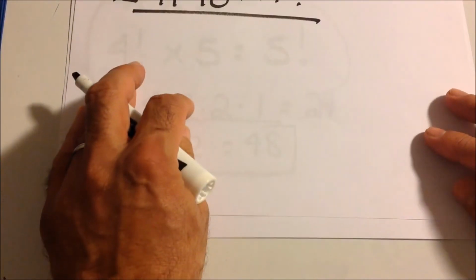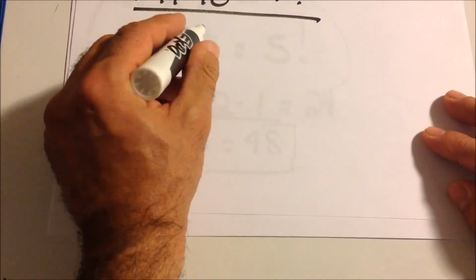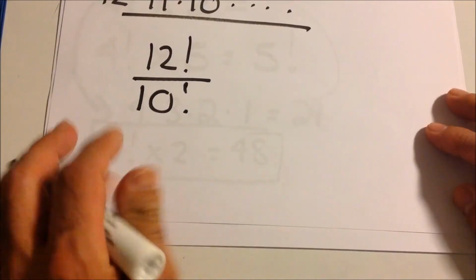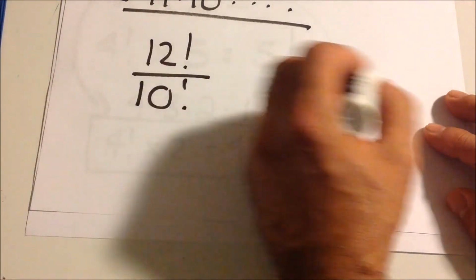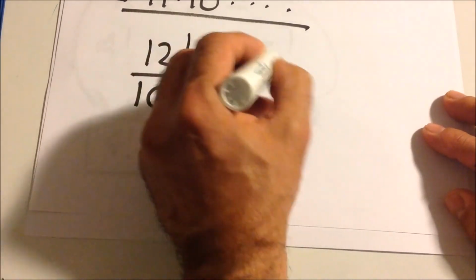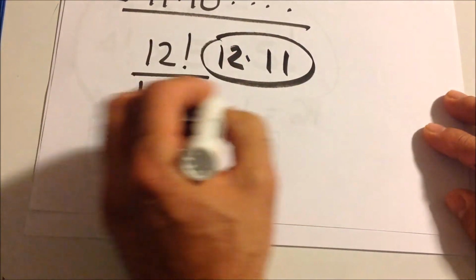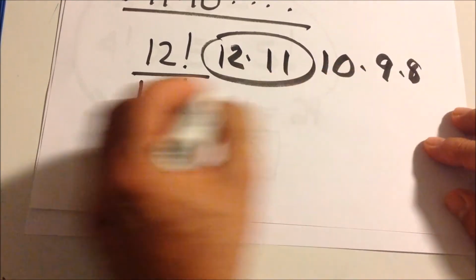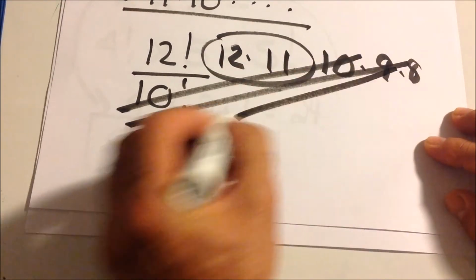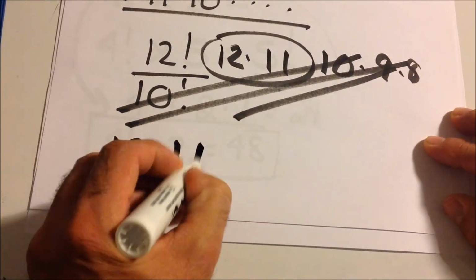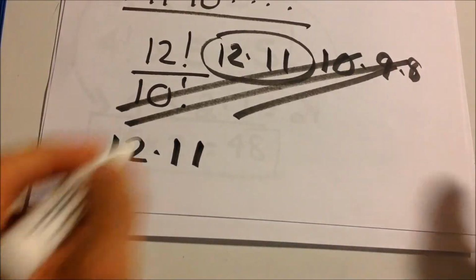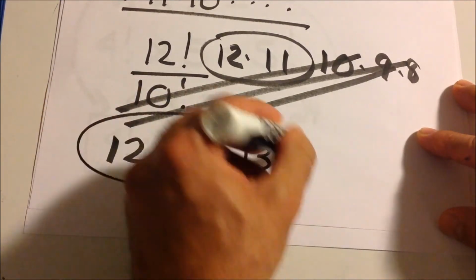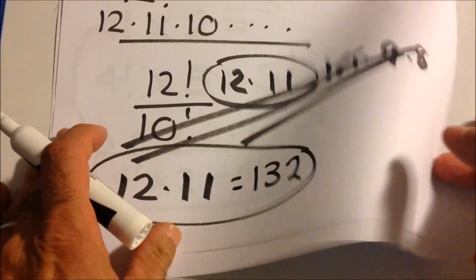Now, if you had 12 factorial divided by 10 factorial, well, if you do 12 times 11, that's all you really have to do, because you're going to have 10 times 9 times 8 and so forth up here, and they'll all cancel. So you'll just be left with 12 times 11, which equals 132. So just remember that you can cancel in division to make it easier.